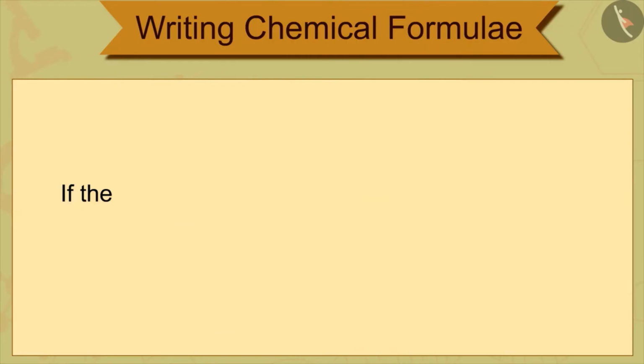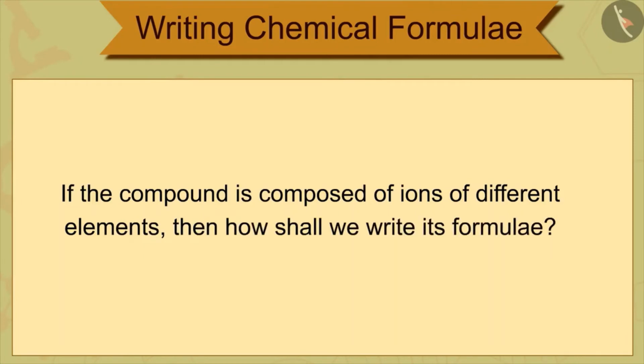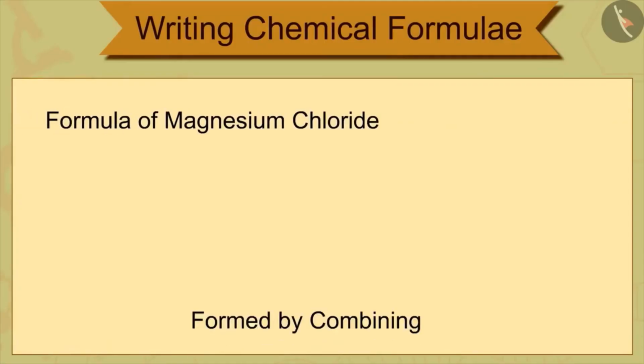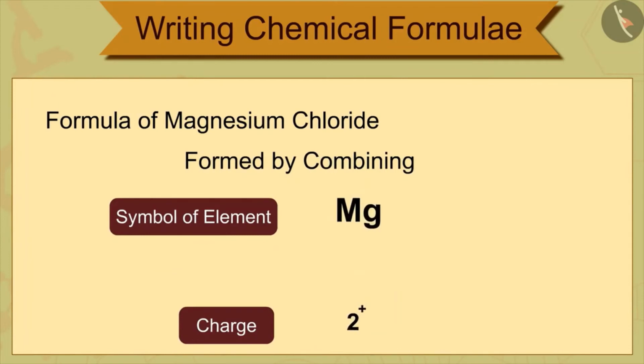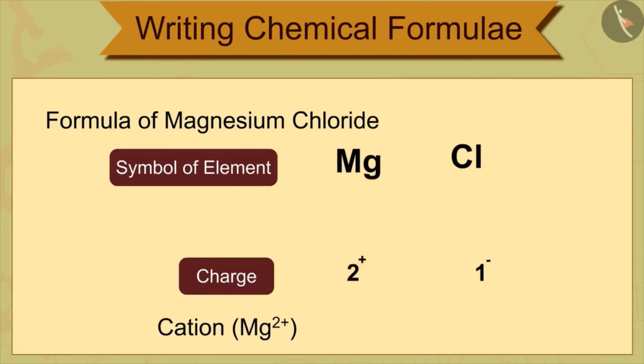But if the compound is composed of ions of different elements, then how shall we write its formulae? Let us understand this by an example. Magnesium chloride compounds are formed by combining magnesium Mg2+ and chloride Cl- ions. To find its formula, we write the symbol of cation Mg2+ first, followed by the symbol of anion Cl-.